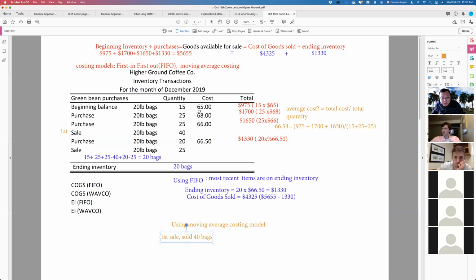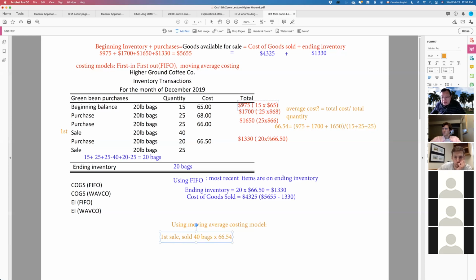There are different cost numbers: 65, 68, 66. I will use the average, because this is a method called moving average.